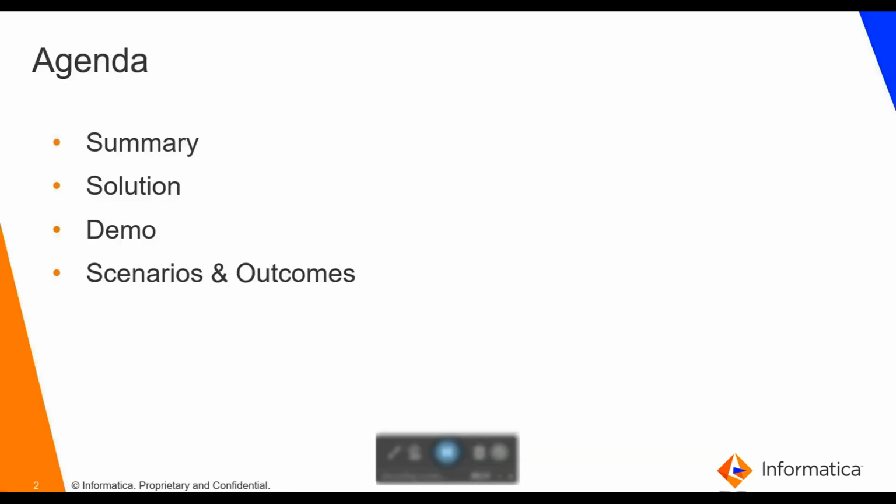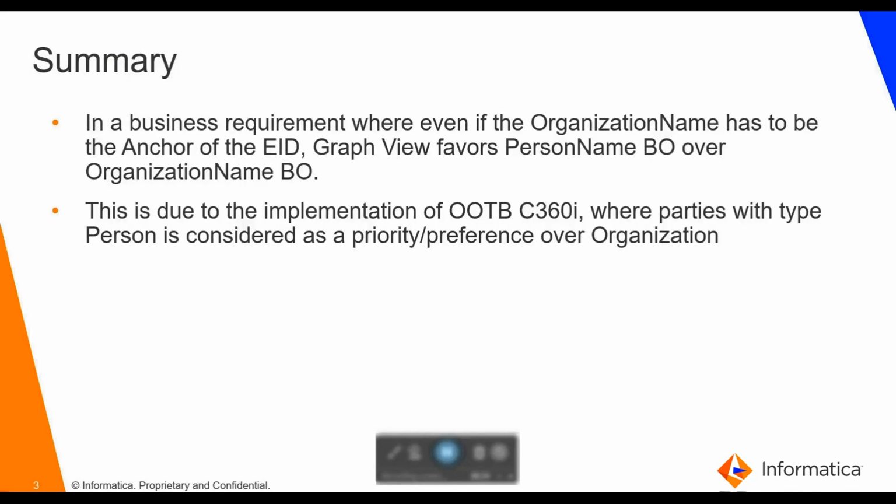The agenda would be a summary, the solution on how to accomplish it, a demo, and a couple of scenarios and their outcomes. In any business requirement, if an organization or organization name has to be the anchor of an EID, graph view would still favor the person or person name BO over the organization or organization name BO.